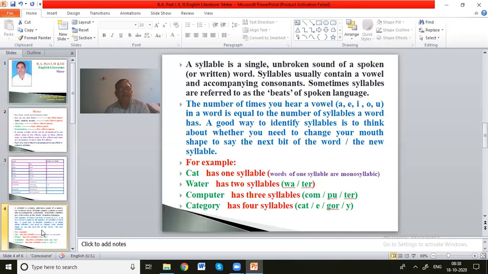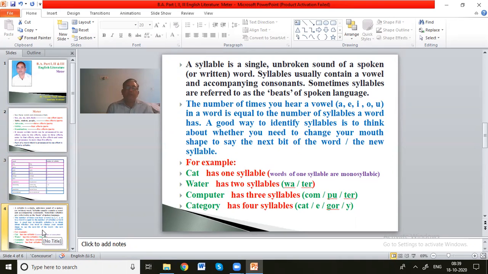For example, cat has one syllable. Water has two syllables. Computer, three syllables. Category, that is four syllables.